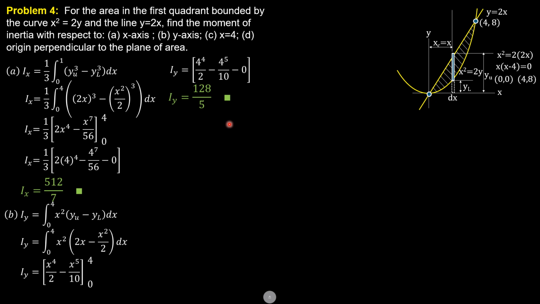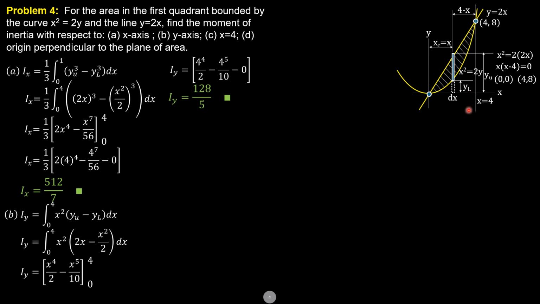Then letter C, with respect to the line x equals 4, which is this line through the point of intersection here, vertical line as shown in the figure. Then the constant distance of the centroid of the vertical strip from that axis is 4 minus x, because from the vertex to this vertical line, that's 4, and this is x, therefore that distance is 4 minus x.